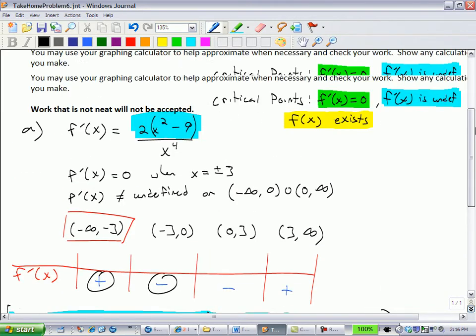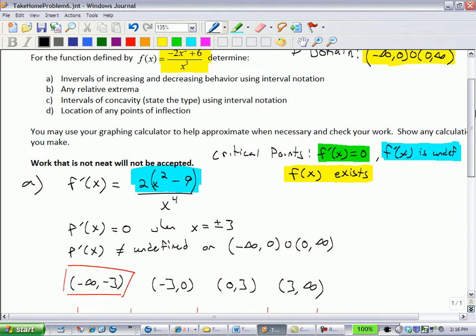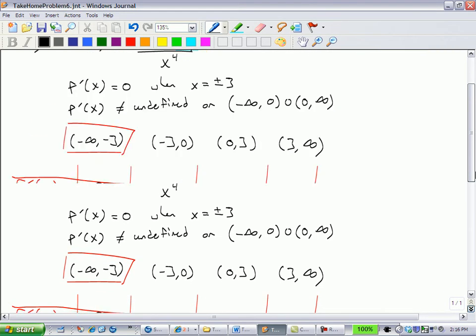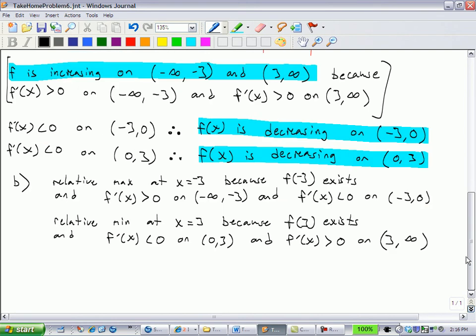So then we go to C, which is a lot like A. Intervals of concavity is a lot like intervals of increasing and decreasing.